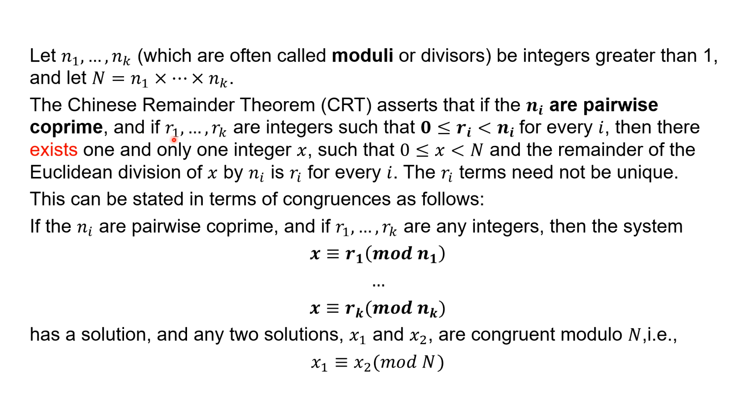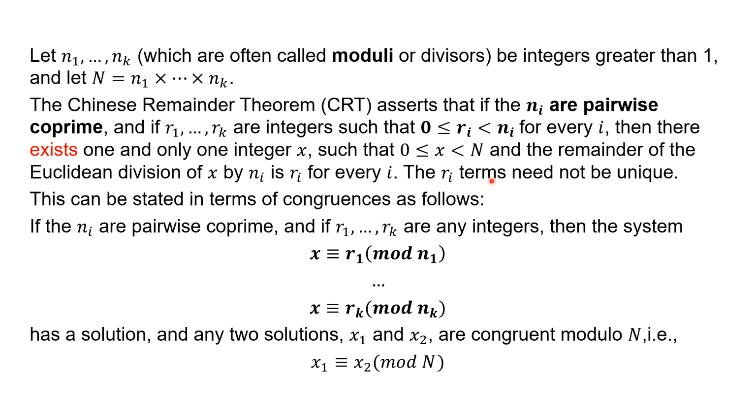If r sub 1 up to r sub k are integers between 0 and n sub i for each i, then there exists one and only one integer x such that x is between 0 and less than N, and the remainder of the Euclidean division of x by n sub i is r sub i for every i.